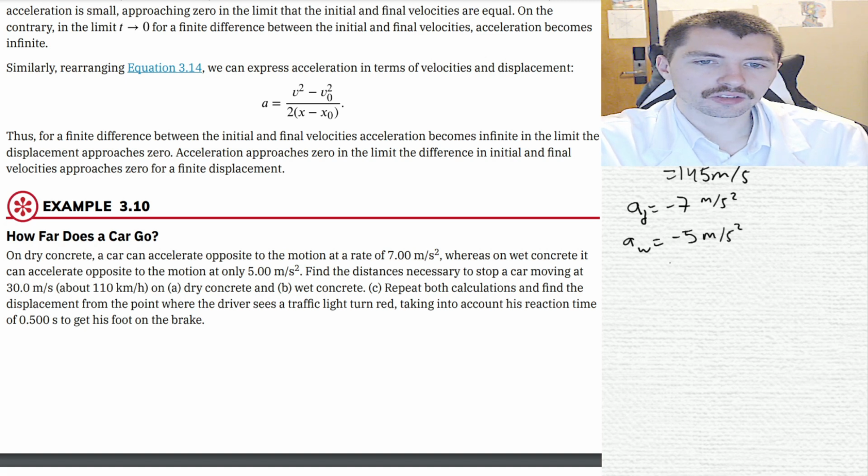Find the distances necessary to stop a car moving. So if V is 30 meters per second, we want to find distances.